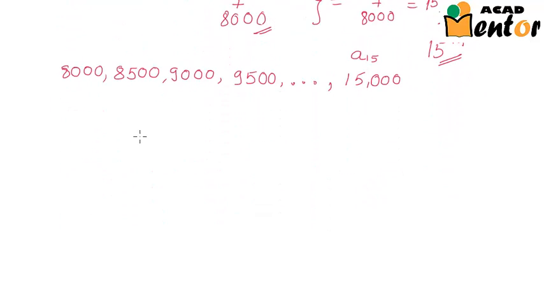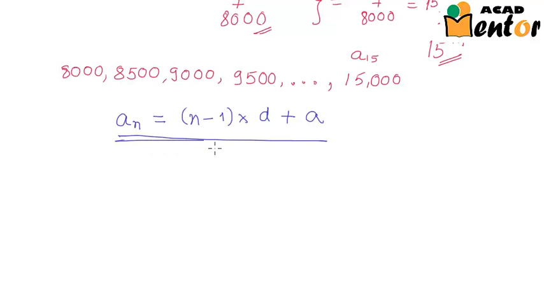We see that if we are to find out the nth term a_n, there would be only n minus 1 increments of the common difference d added to the base amount of the first term, that is a. Now this is what we use to find out the nth term of any AP.